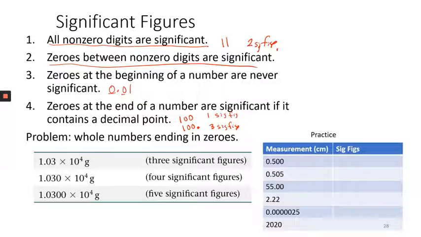When numbers are written in scientific notation, all the digits that are written here are significant.